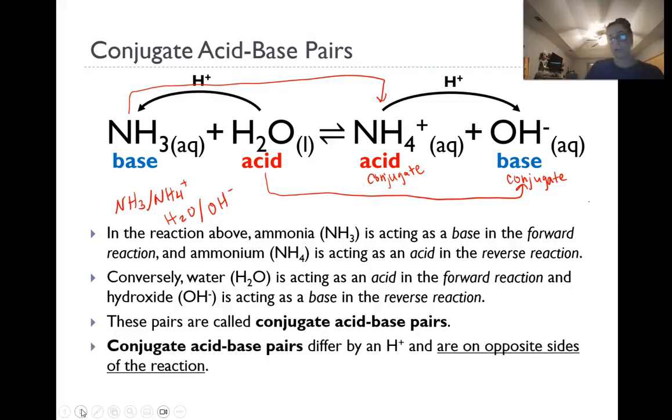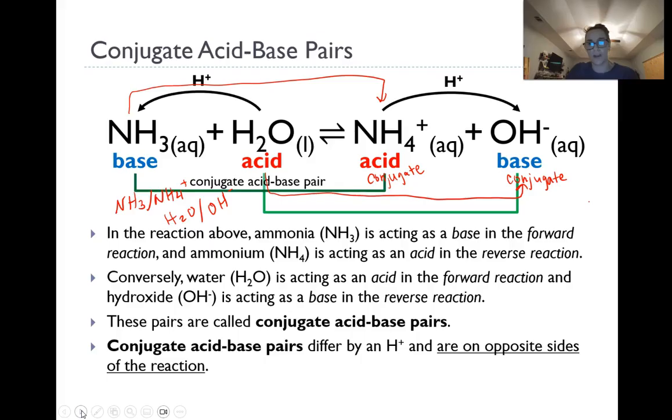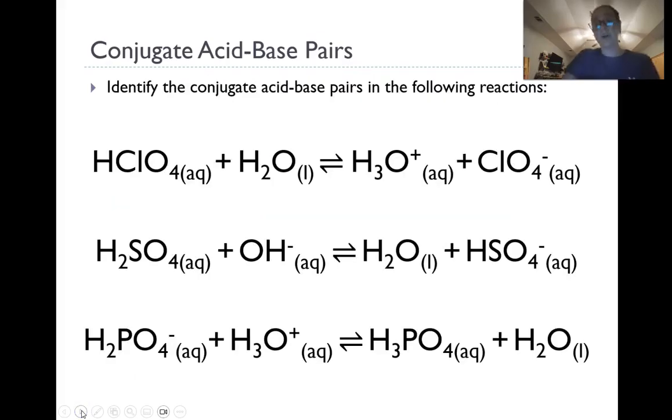They differ by a proton and are on opposite sides of the reaction. It's basically what forms after the acid gives away its proton or after the base accepts the proton. So it's showing you what I did. I want you guys to identify the conjugate acid-base pairs in these reactions.